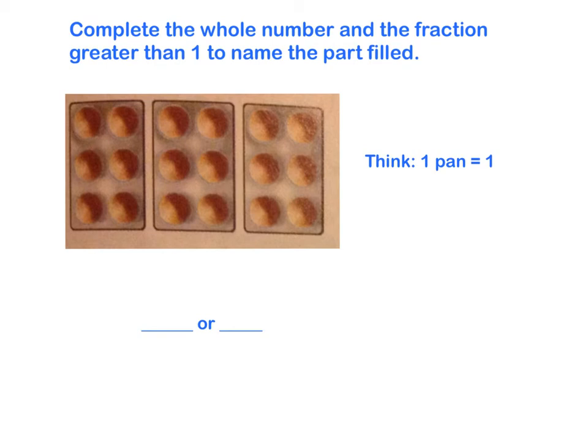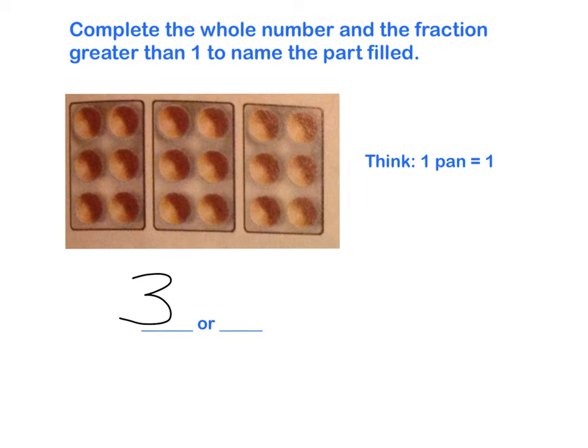If we look, we can tell there are 1, 2, 3 pans of muffins. So our whole number is 3. Remember to think of each pan as equal to one whole. Kind of like when we were talking about the pizzas in class. Each pizza was one whole pizza.